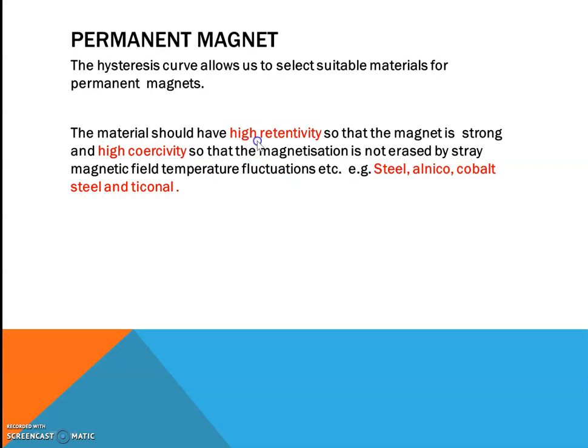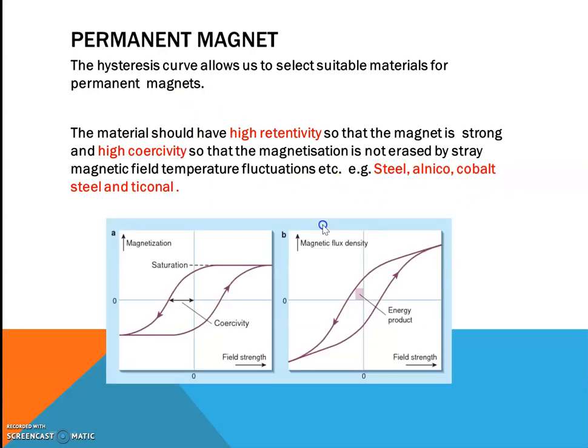So those type of material can be used to make a permanent magnet, like steel, alnico, cobalt, etc. As in this figure, this is the hysteresis curve of large area. This curve is suitable because it has a high retentivity and high coercivity. This indicates that such type of material having large hysteresis area are suitable for permanent magnet.